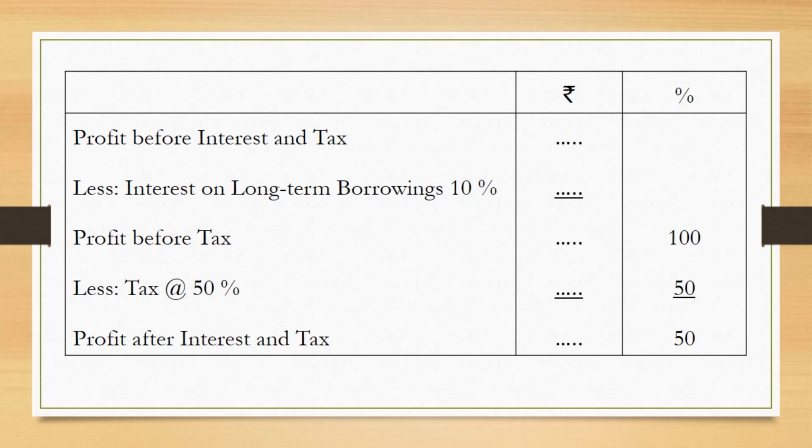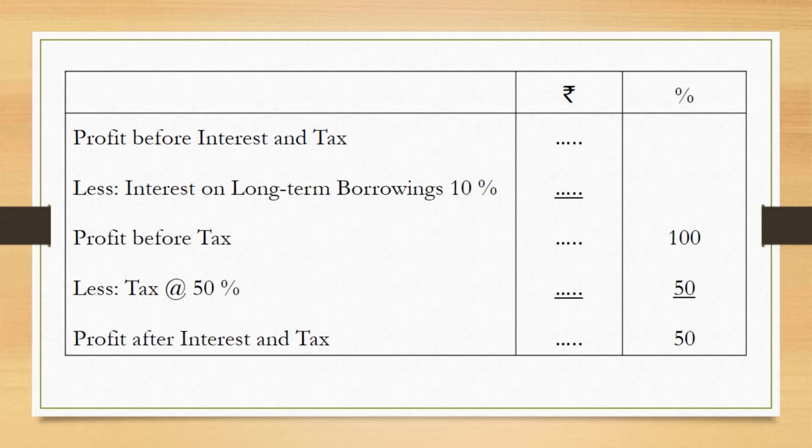Profit before interest and tax less interest on long-term borrowings. I have assumed over here the rate as 10%. We'll get profit before tax, and from profit before tax we need to deduct tax at the rate of like 50%, again assumed 50%, and after that we get the profit after interest and taxes.